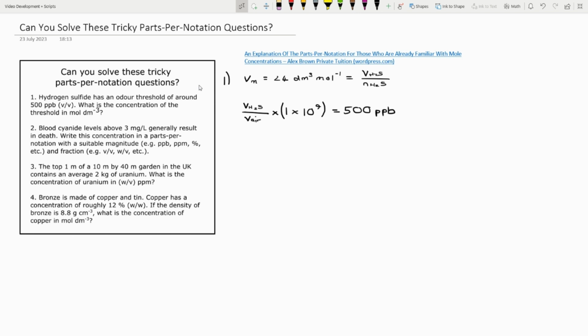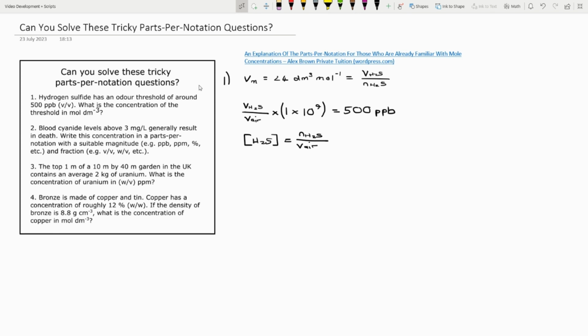Okay. Now, what we need is the concentration of hydrogen sulfide, which is equal to the moles of hydrogen sulfide divided by the volume of air.